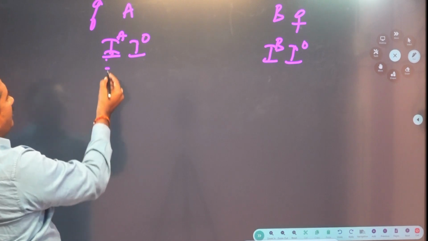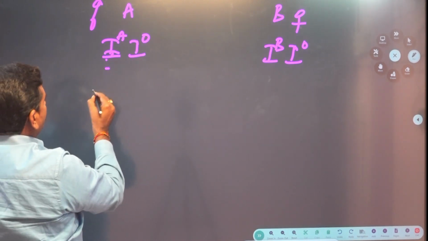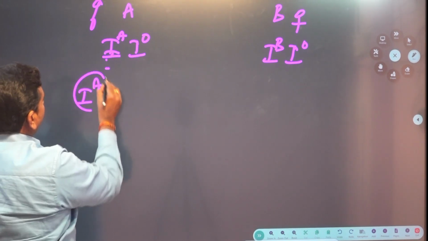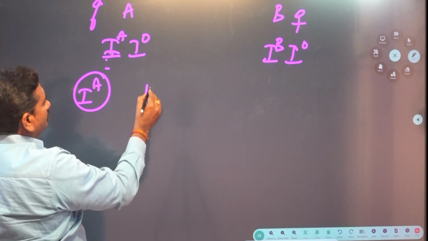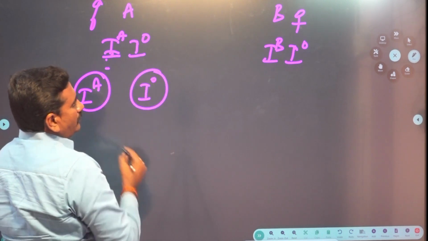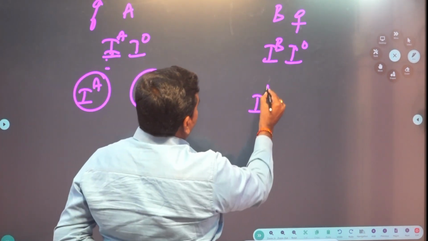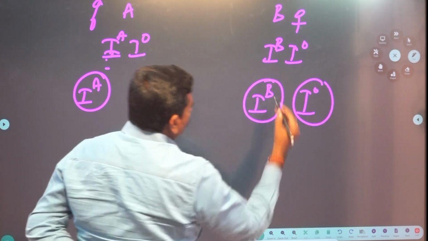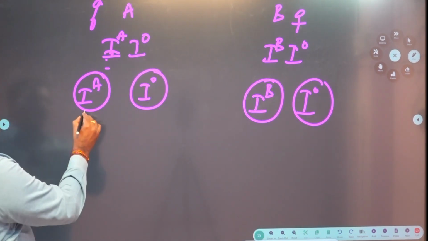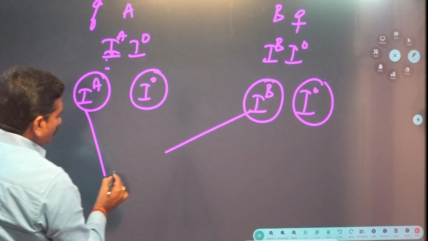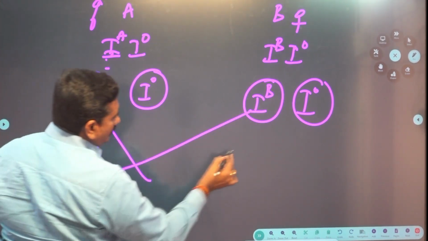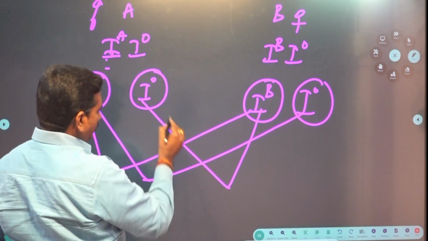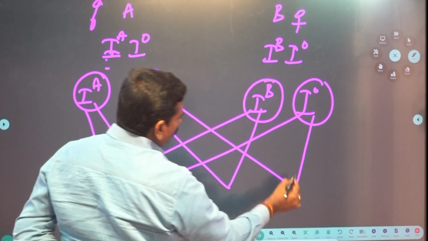If you take the gametes, because of the heterozygous condition, we can take two types of gametes. They should be encircled. IB, IO. If you take the cross, 1, 2, 1, 3, 2, 3, 2, 4.